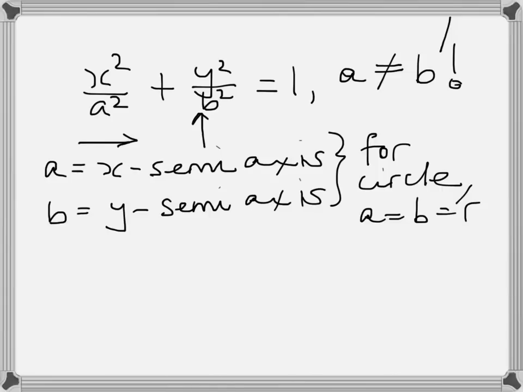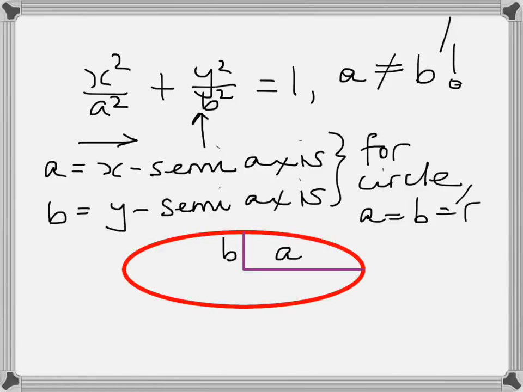It's called the x semi-axis, halfway across the horizontal at the widest point, and the b term is now the y semi-axis, which is halfway vertically at the widest point from the centre to either the top or the bottom. For a circle, of course, a equals b equals r. So that's how it goes.